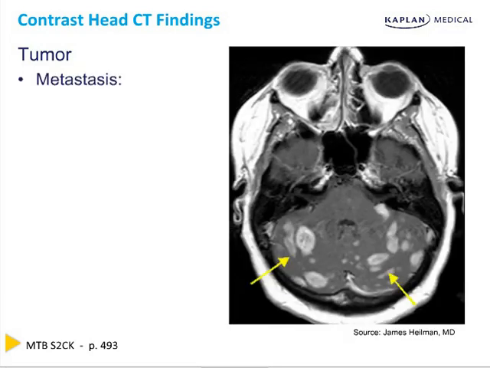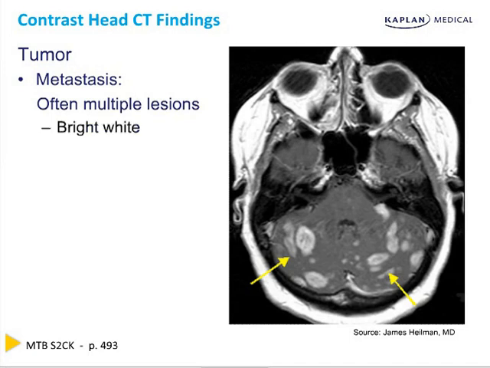Distinguishing between metastases and primary tumors is often as easy as counting the number of lesions. More often than not, if there is more than one tumor, the cause is metastatic disease, as seen in the image to the right. Again, these tumors are vascular and therefore appear bright white, and while it cannot be appreciated in this image, the metastases are almost always located at the gray-white border of the brain.